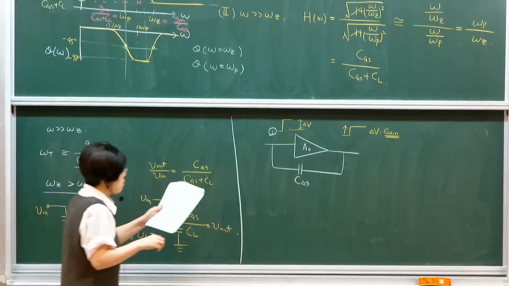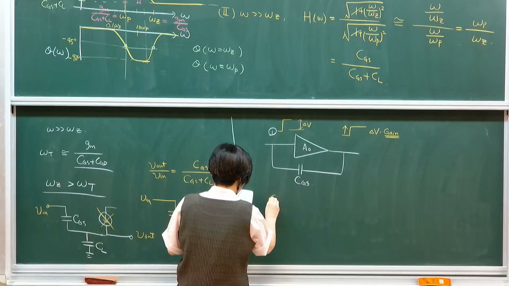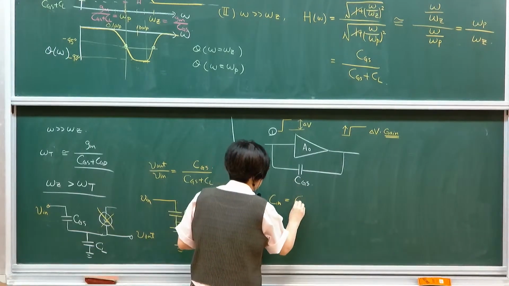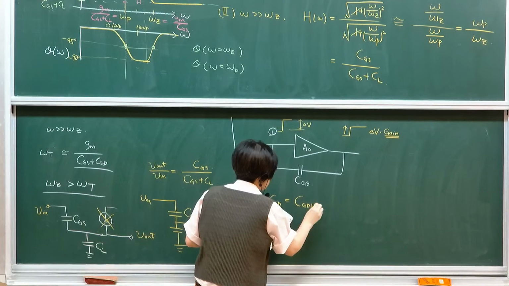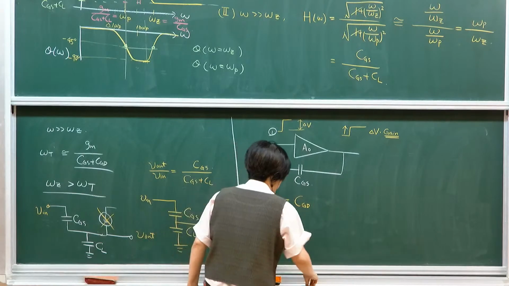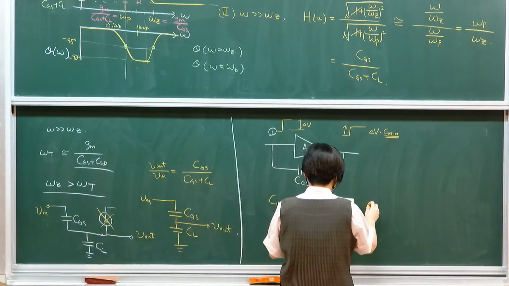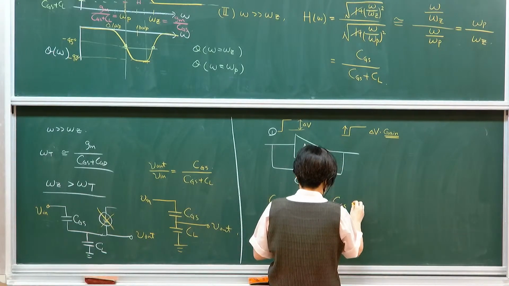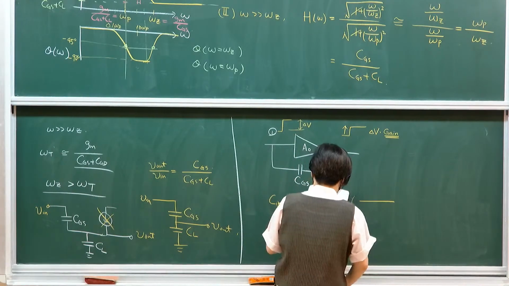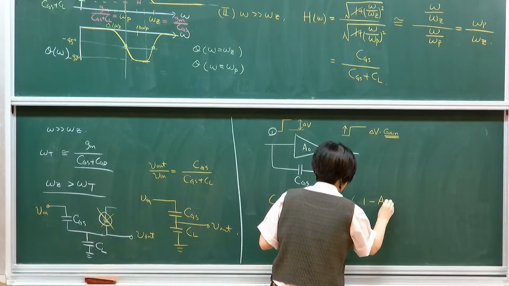So the impact would then be on your input. If I'm looking at that, my input capacitance, I actually see, just looking at that example, CGD plus CGS divided by, I should say, 1 minus A0.